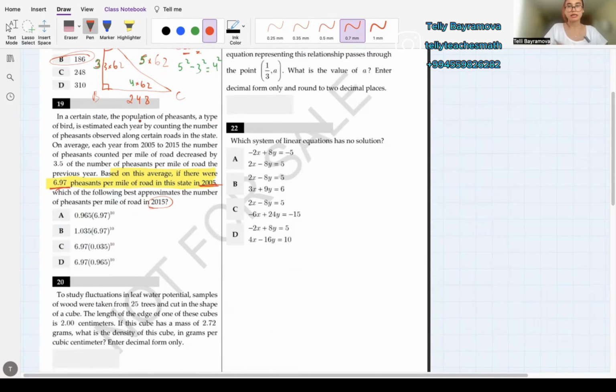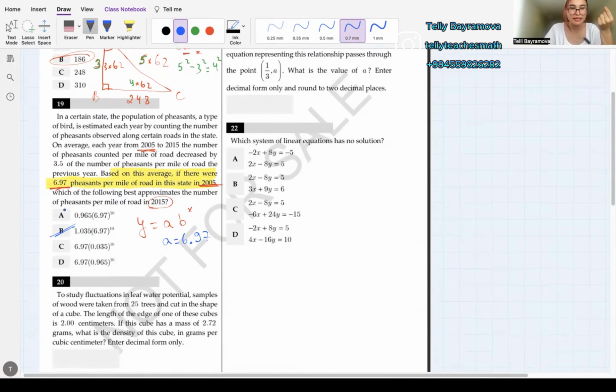In a certain state, the population of pheasants, a type of bird, is estimated each year by counting the number on roads on average from 2005 to 2015. Okay, if they give us the value of 2005, it means that this is the y-intercept. For the exponential function y equals a b to the power of x, the y-intercept means that a is 6.97.